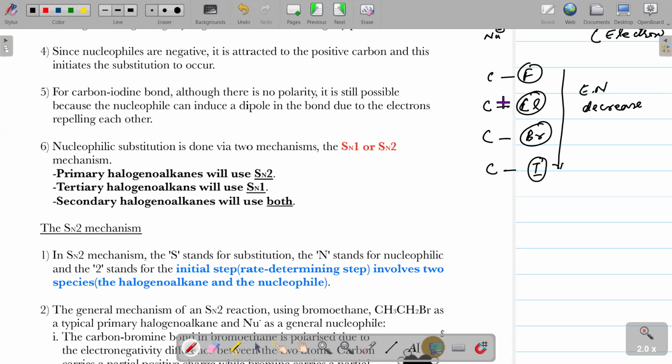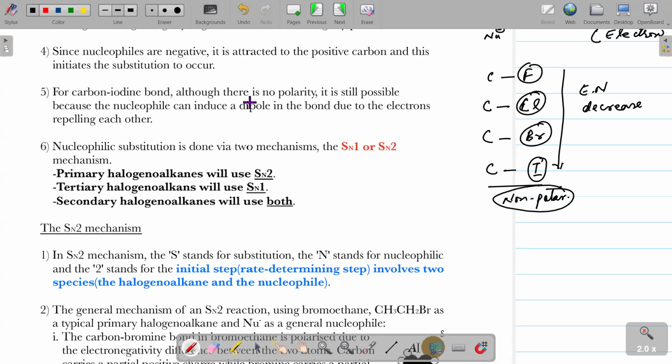Then carbon chlorine is even less polar, bromine is less polar than that, and the least polar bond is carbon iodine. So we can say almost same polarity. If almost same polarity, that means this bond will behave as non-polar. Why? Because electronegativity difference of carbon and iodine is very small.